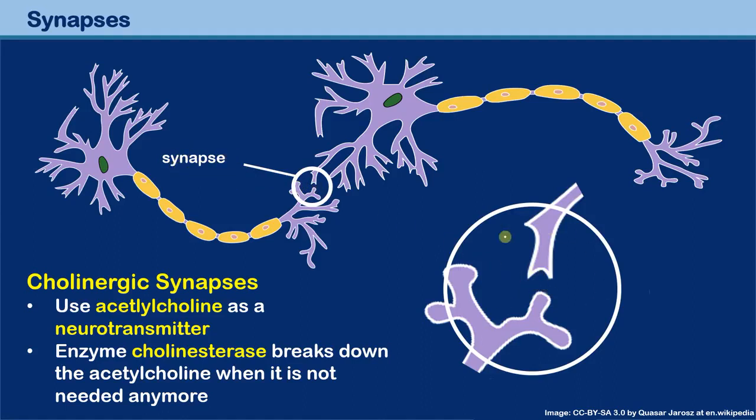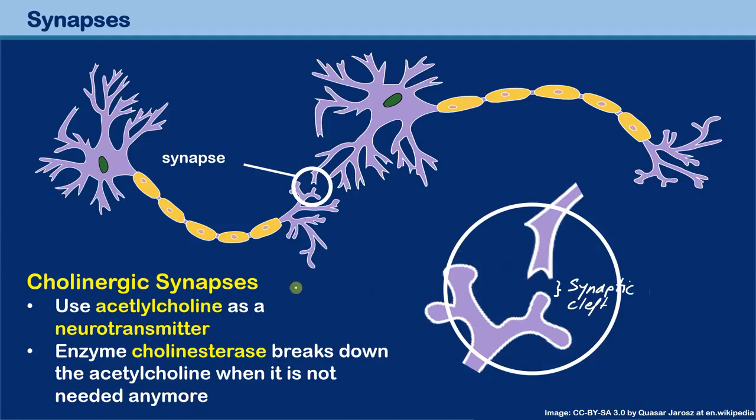I have made a larger picture here, and this gap is known as the synapse, or sometimes the synaptic cleft. There's a gap between the membrane of the axon and the membrane of the dendrite of the next neuron.